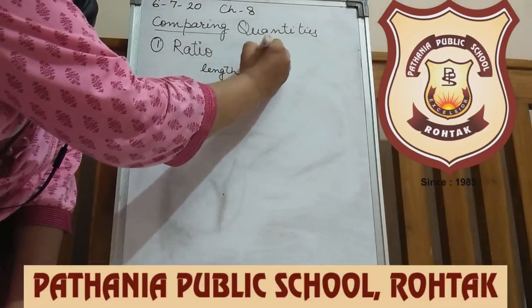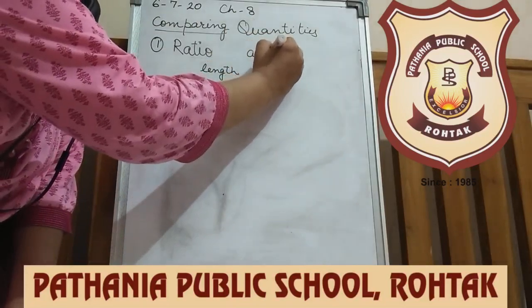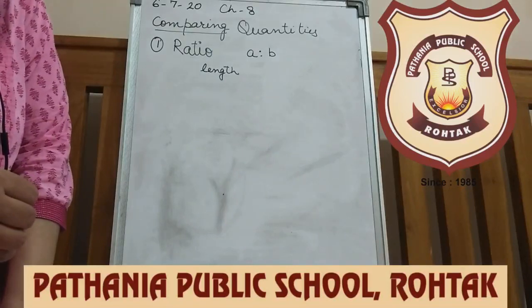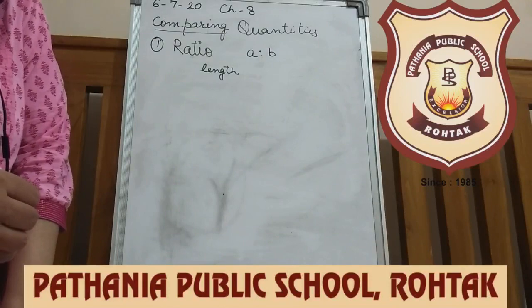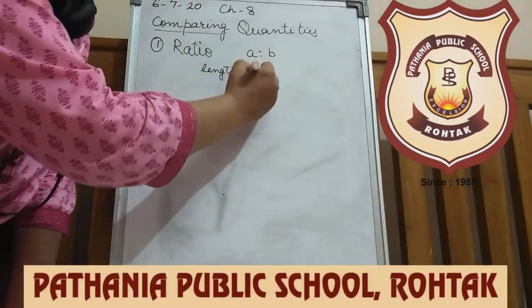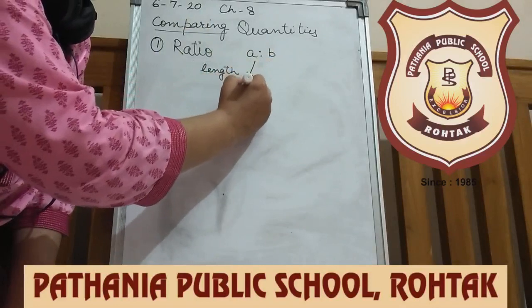Now in variable form, I write A is to B, that is A ratio B. This is the sign of ratio. This one is called antecedent.